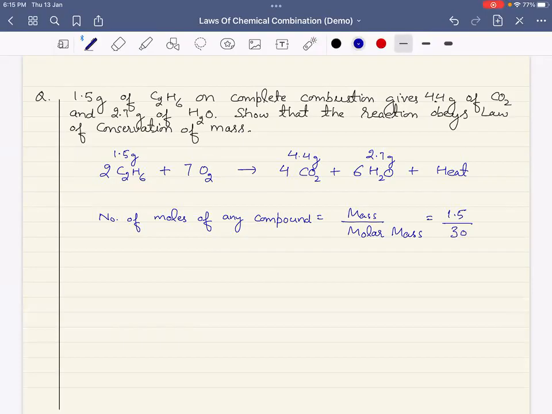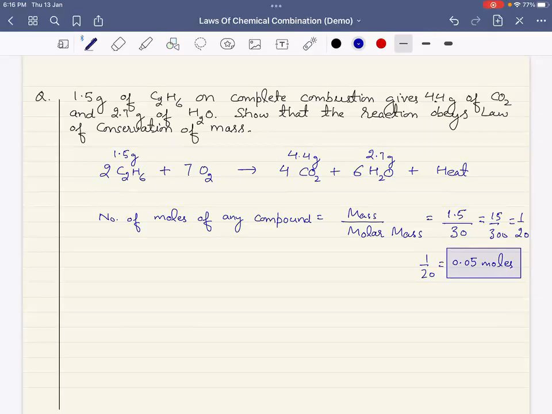So number of moles will be equal to 15 divided by 300, that is equal to 1 by 20, or we can say 0.05 moles, right? So these many moles of ethane.